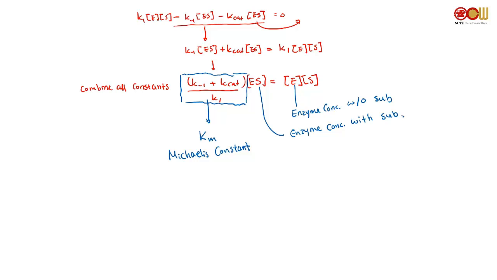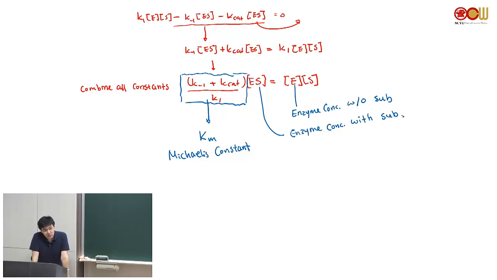So ES complex versus E free enzyme by itself. In an actual experiment, ES and E are very difficult to quantify, especially in their dynamic forms. Like how much of it is E, how much of it is ES. You don't know.